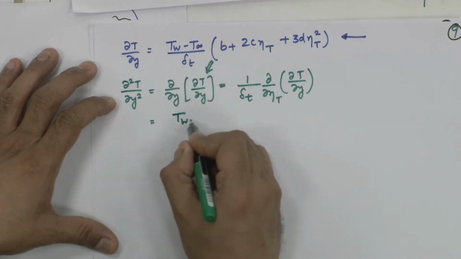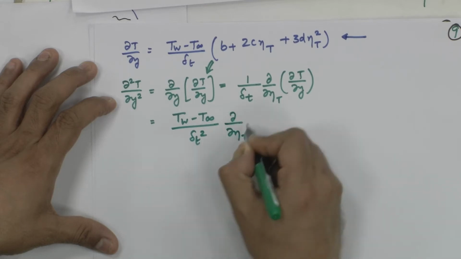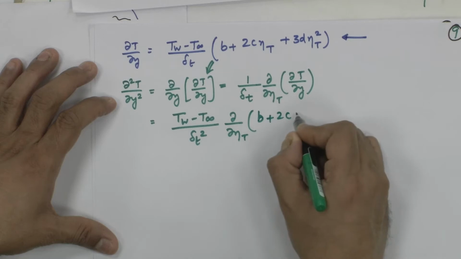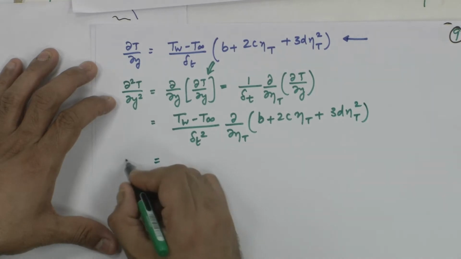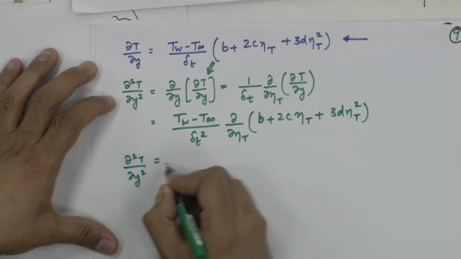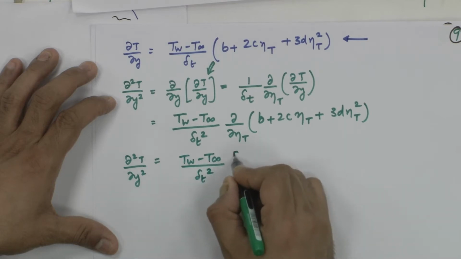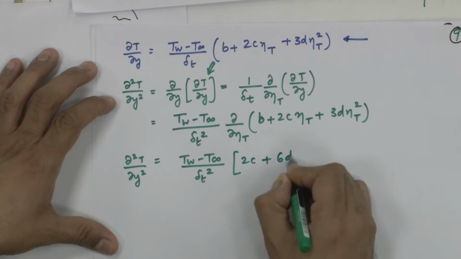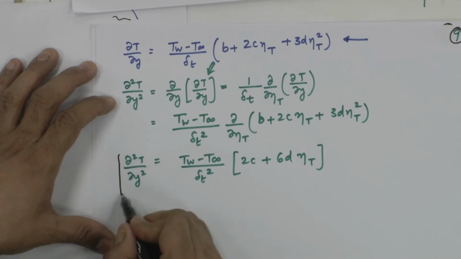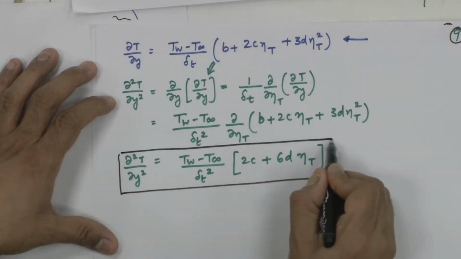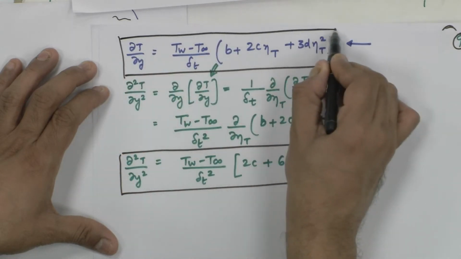So, this is (T wall minus T infinity) divided by delta t squared, d by d eta t of (b plus 2c eta t plus 3d eta t squared), which is nothing but (Tw minus T infinity) by delta t squared times (2c plus 6d eta t). So, d squared T by dy squared is obtained, dT by dy has also been obtained.